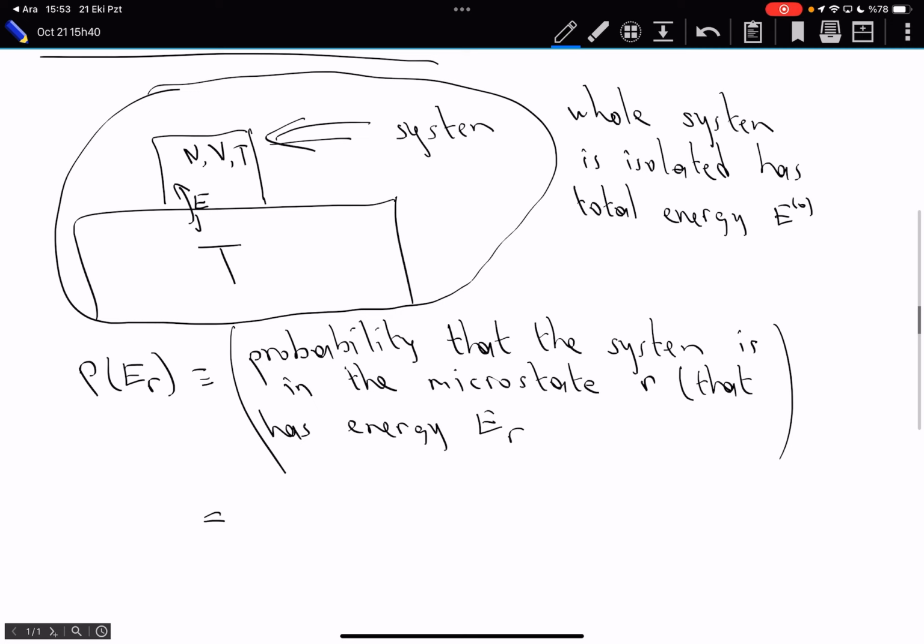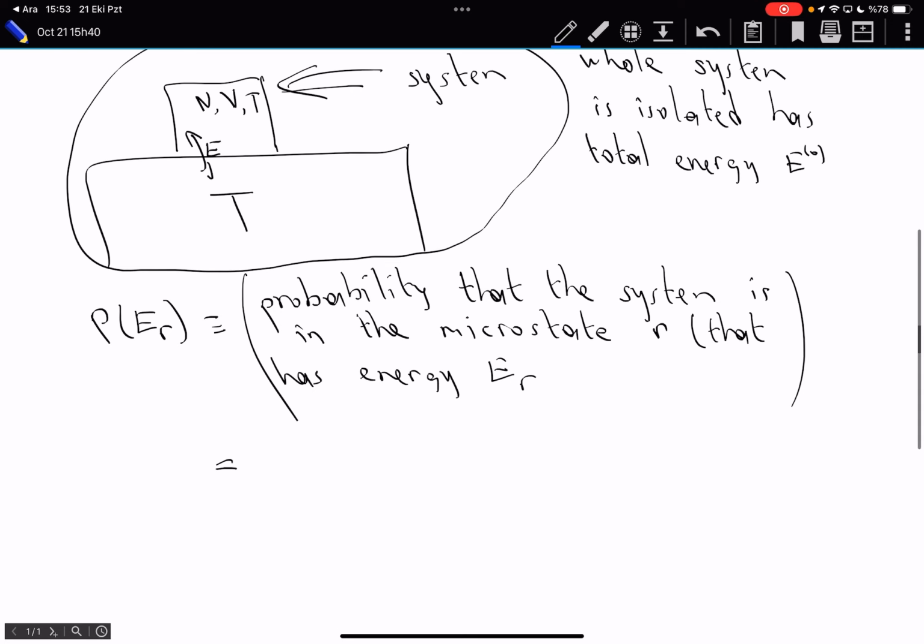So how can we calculate this probability? How do you calculate the probability in general? If I ask you the probability of something, it is the ways of getting this over the total number of microstates.